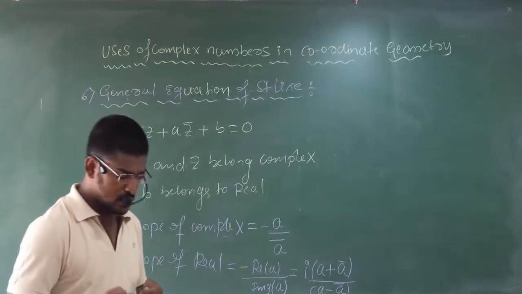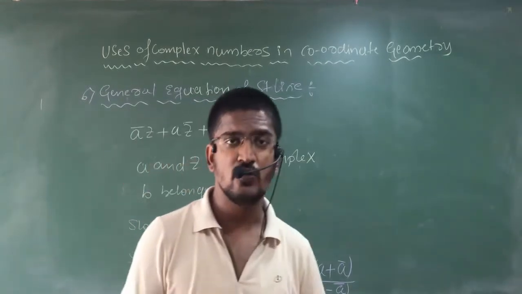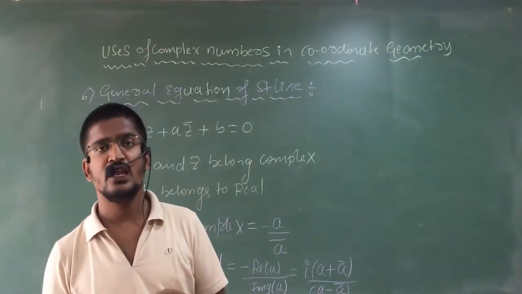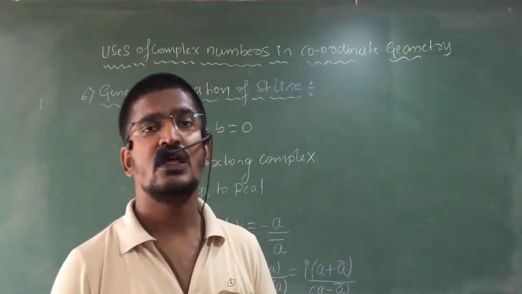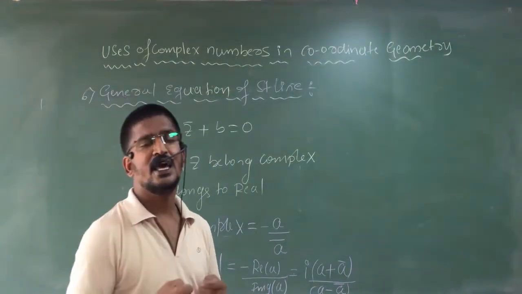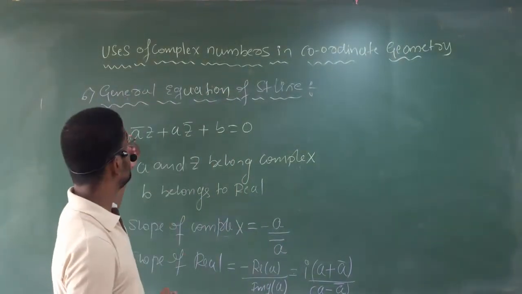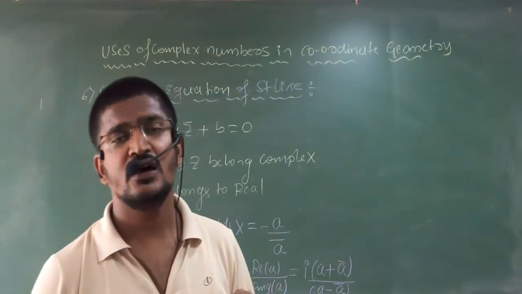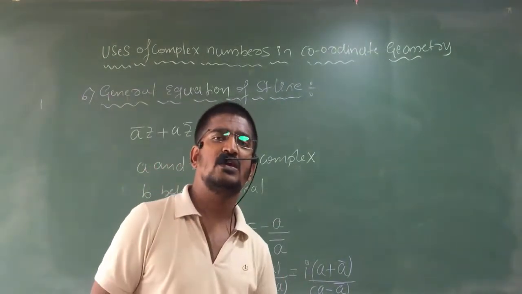General form, the equation of line joining 2 points in parametric form, equation of straight line in non-parametric form, the condition for coplanarity of the straight line, and the general equation of a straight line, that is A bar z plus A z bar plus b equal to 0.